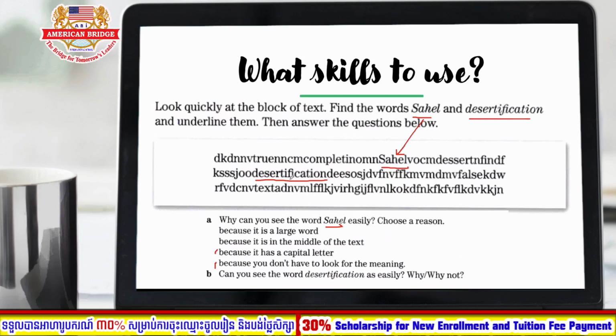And second, maybe we first think about its definition. To find this word, you need to know its definition, and then you try to find it in the text, because the meaning can interfere with how you find the word. When you understand the meaning, you will try to read for specific context related to the word you are finding. So it can be a little bit tricky.